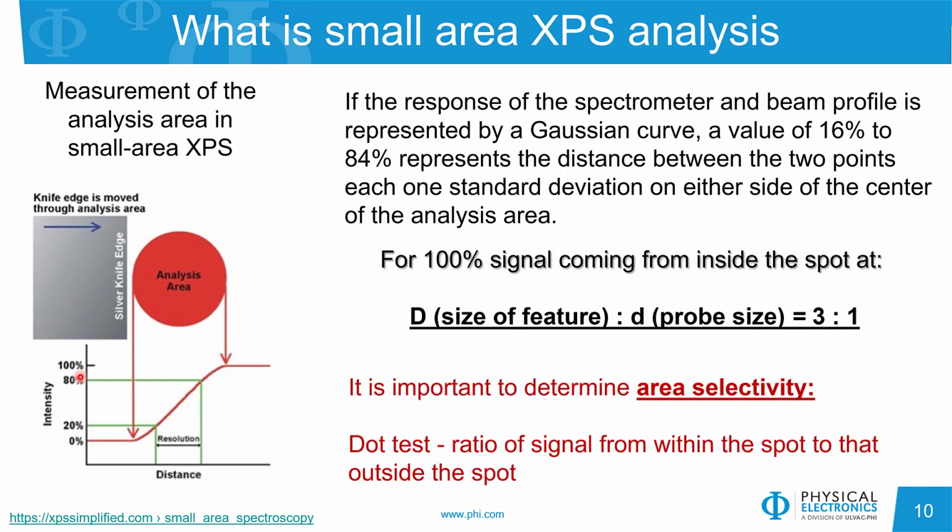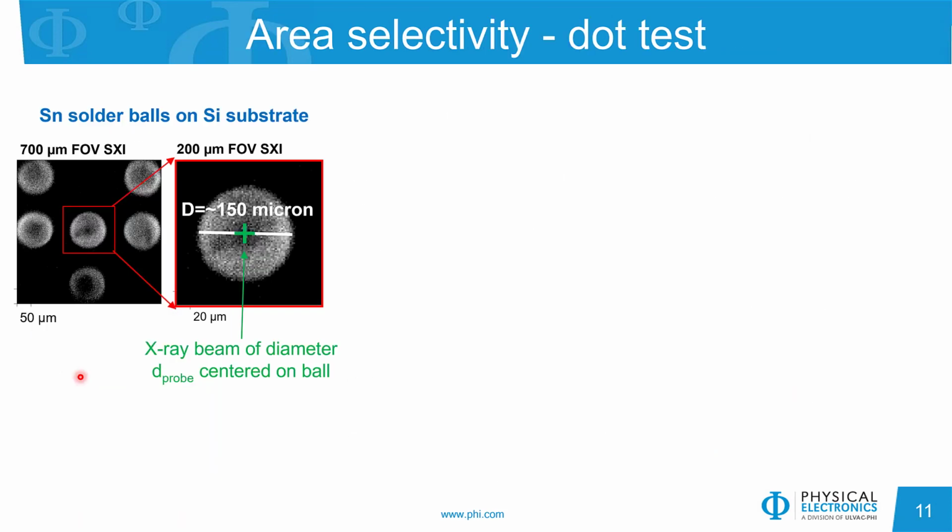In order to determine the area selectivity, that you indeed are collecting data only from the specified feature of interest, a dot test should be done. This is the illustration of this dot test. This test was also proposed in the same paper from Don and Mark. So here what we have are secondary X-ray induced images from tin solder balls that are deposited on a silicon substrate. When we zoom in, we can focus on one single solder ball.